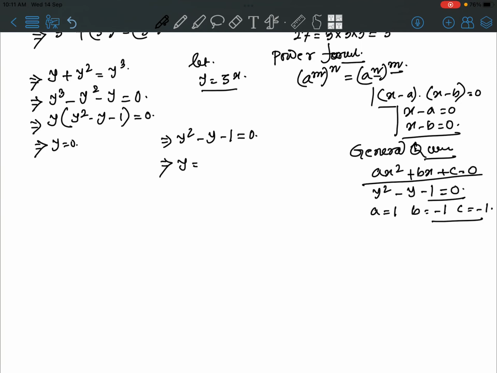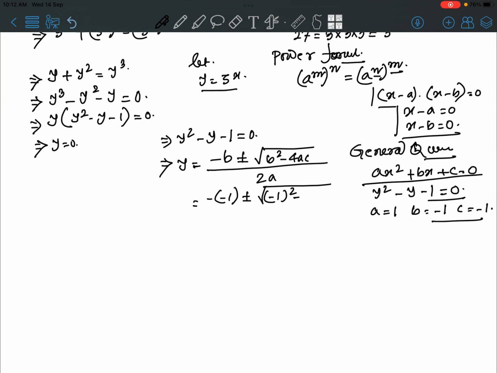So y equals minus b plus or minus root of b square minus 4ac, divided by 2a. In this case b equals minus 1, so minus of minus 1 plus or minus root of (minus 1) whole square minus 4, with a equals 1 and c equals minus 1, divided by 2 into 1.